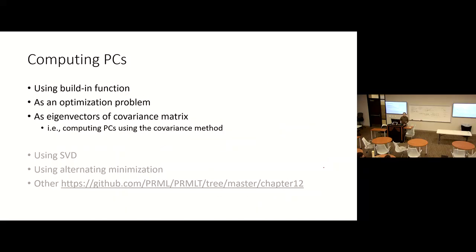So most of today, we just use the computer language's built-in function. Many languages have this. If you don't care, you can just give the data, and the function will find the rotation matrix. You give the matrix of data points before the rotation.